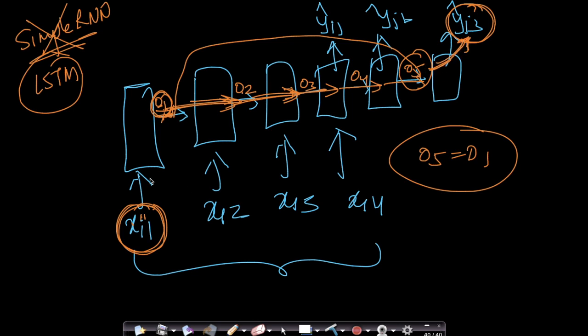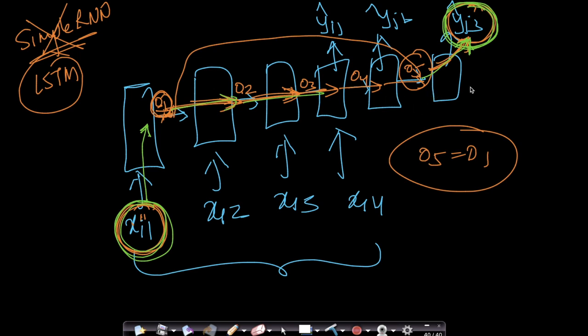Look at this structure. My xi1 impacts my O1. My O1 can short circuit through and become equal to O5. My O5 impacts yi3, which means now I have a mechanism where I can impact something which is very far away, because of the possibility of having a short circuit connection.